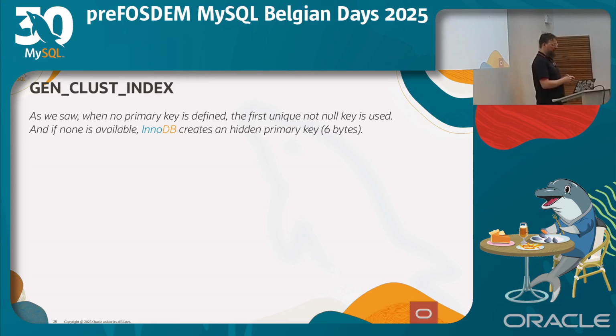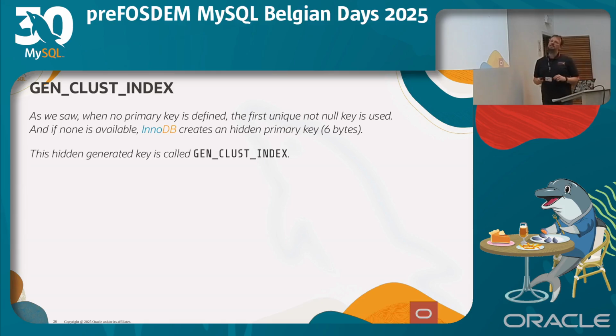And if none is available, what will InnoDB do? InnoDB will create itself a hidden primary key of 6 bytes. And you will not have access to it, but it needs that, because it needs to store the data somehow. And this hidden generated key is called the GEN_CLUST_INDEX.